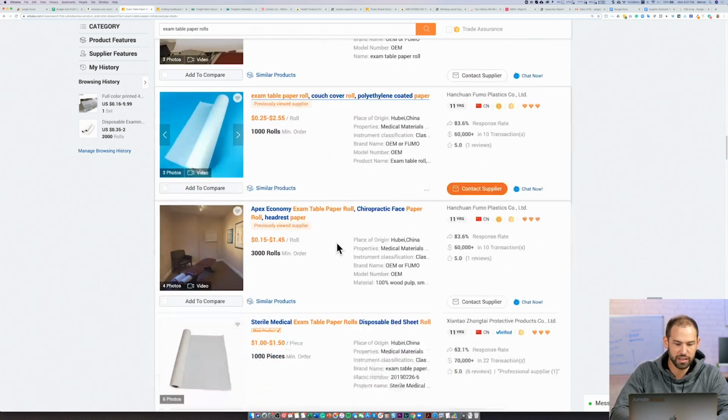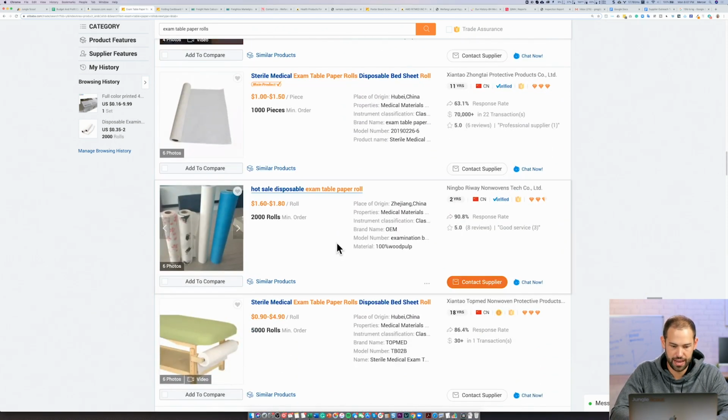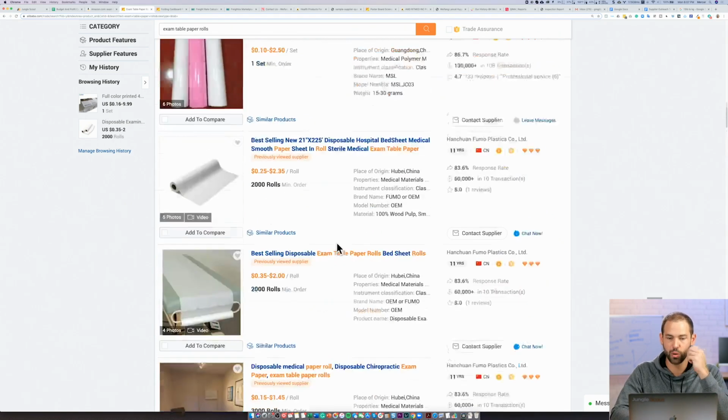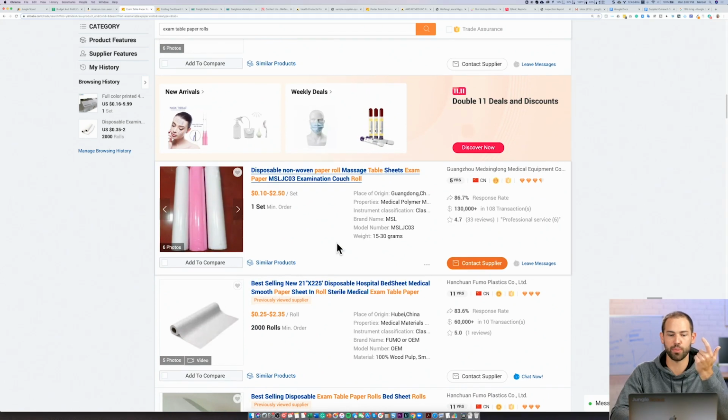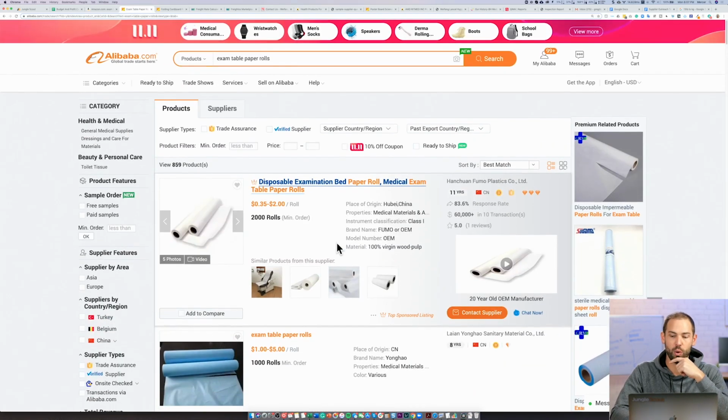Just for rough calculation purposes, let's estimate that it's going to cost around $1 per roll, but we're doing 12 rolls per case. So it works out to be $12 per case. However, it's going to be pretty big and heavy, right? Like this is going to be a case full of these paper rolls.